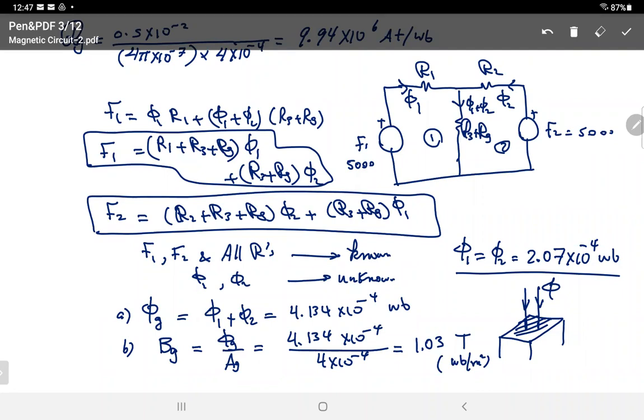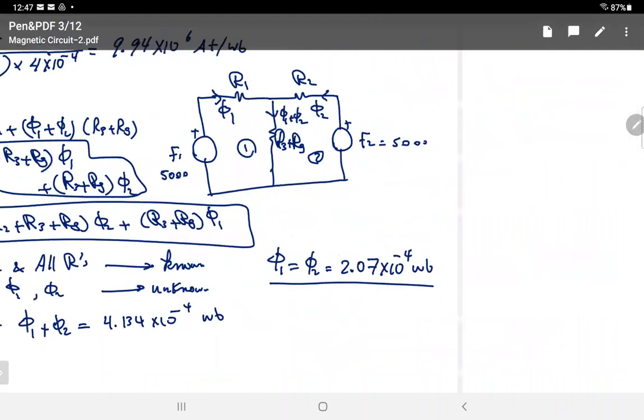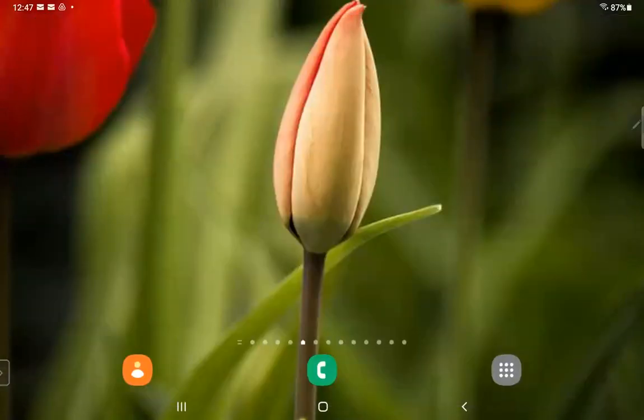The last question in this example is to find the magnetic field intensity, which is H. So how can you find H? We know that there is a relationship between the magnetic flux density and the magnetic field intensity. We did it before using the curve, if you remember.